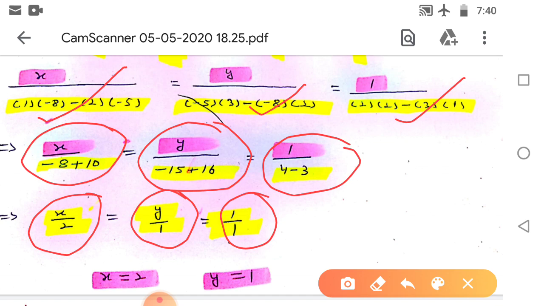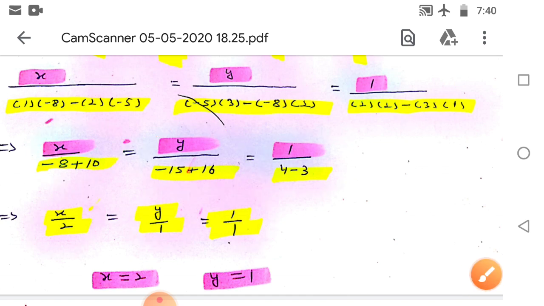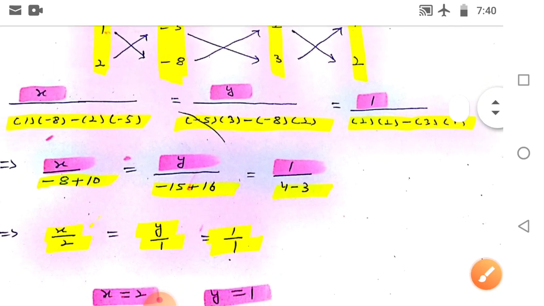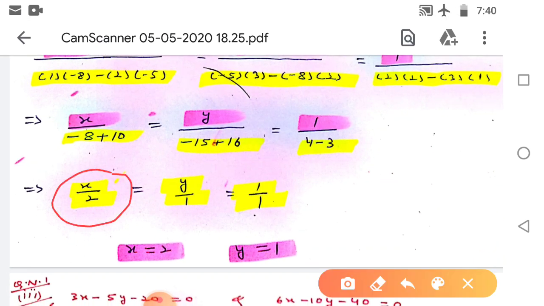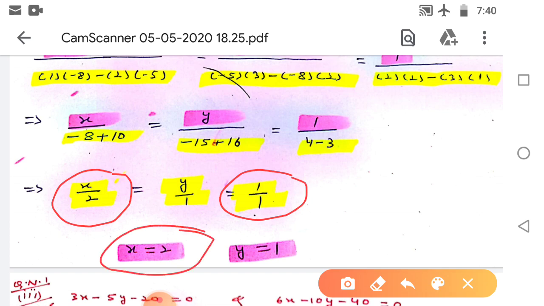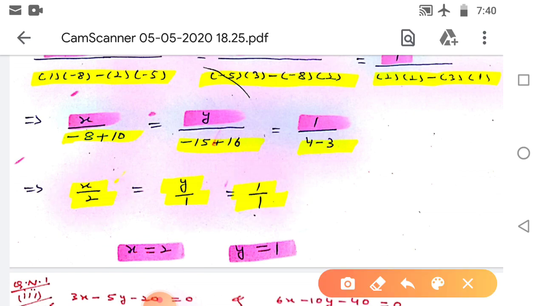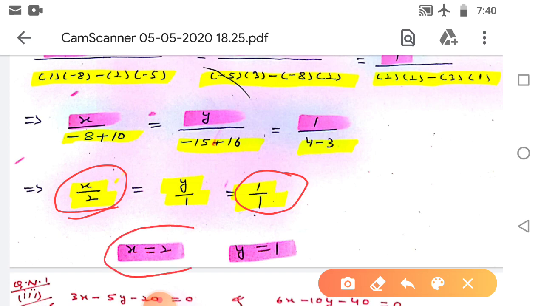Now taking first and third equality, x by 2 is equal to 1 by 1. So we get x is equal to 2.